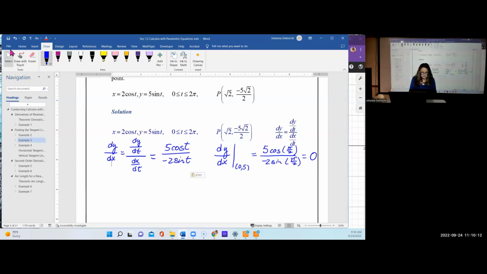This is the derivative formula that we found in example 2 for the parametric equation x of t equals 2 cosine of t, y of t equals 5 sine of t, which we know presents as a vertically oriented ellipse centered at the origin.